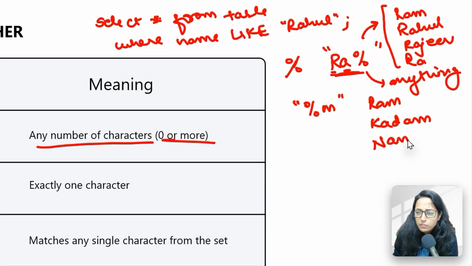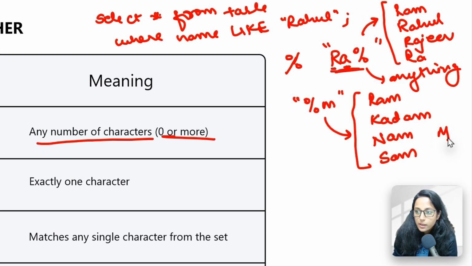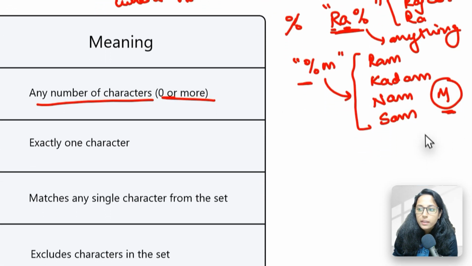For example we just have Nam or anything else or Sam. All of these outputs would be pattern matched with this type of string. That's where zero or more is mentioned. Even if my name is just M, I will get that as my output as well.